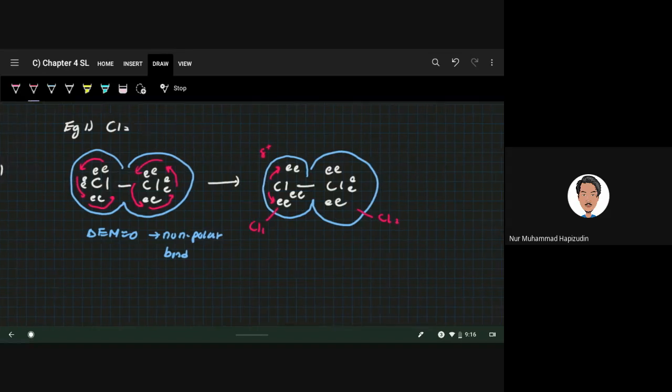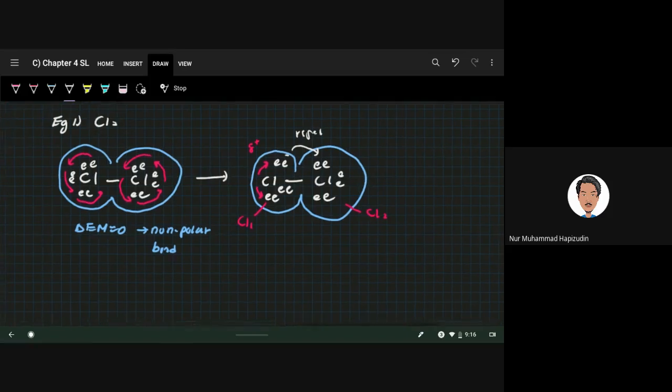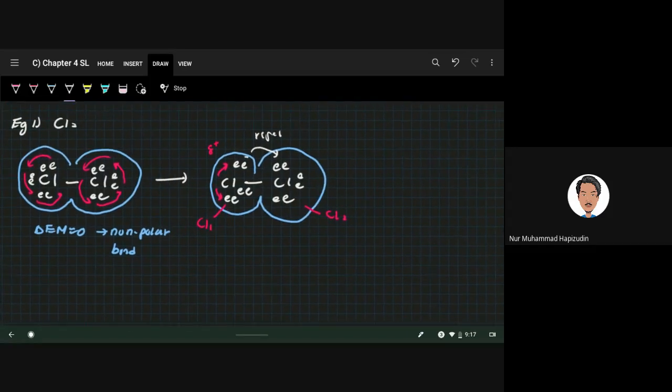Electron is negative charge. So this negative will repel the same electron. Last kali dia akan jadi macam ni.